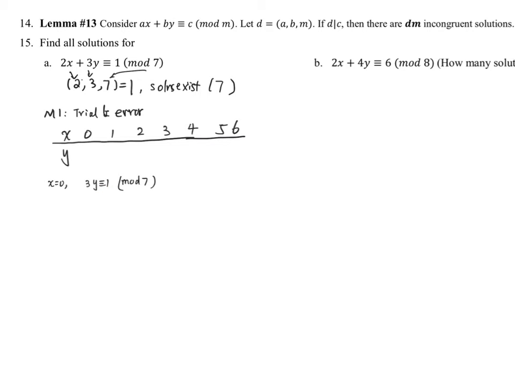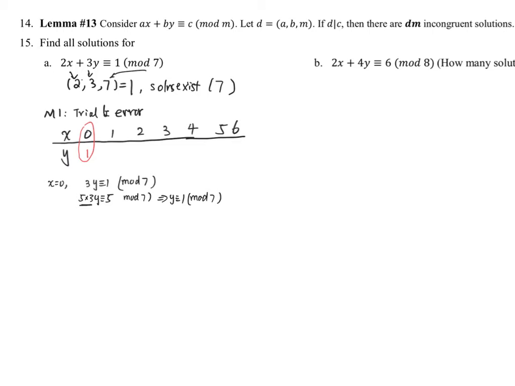So I'm going to multiply both sides by 5 this time, congruent to 5 mod 7. And 3 times 5 is 15, and 15 mod 7 is just 1, which means y is congruent to 1 mod 7. So I know this is a pair of solution. When x is 0, y is going to be 1.